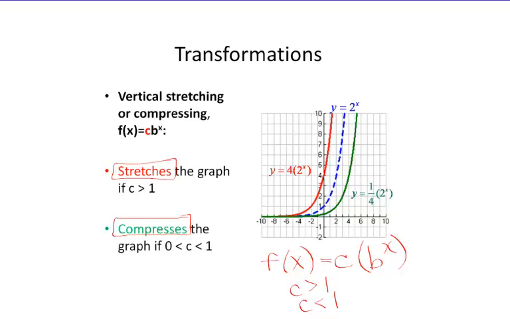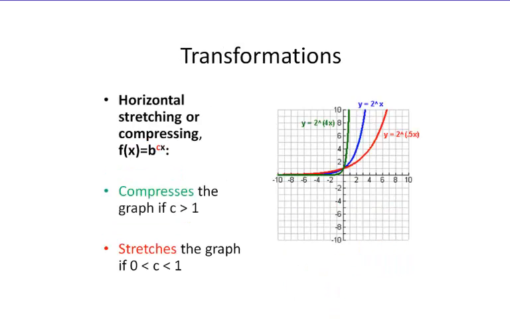If we put c inside of the function operation next to the independent variable, we are cycling through our x values faster if c is greater than 1.